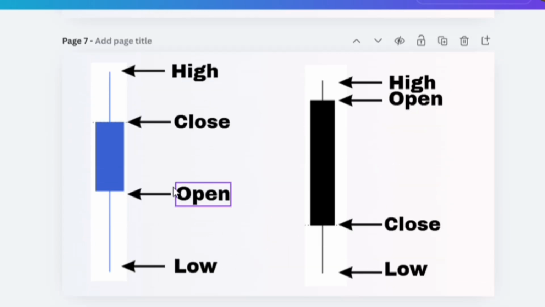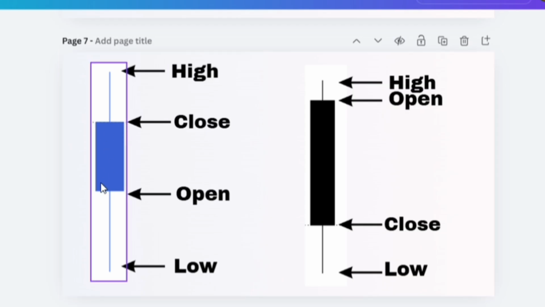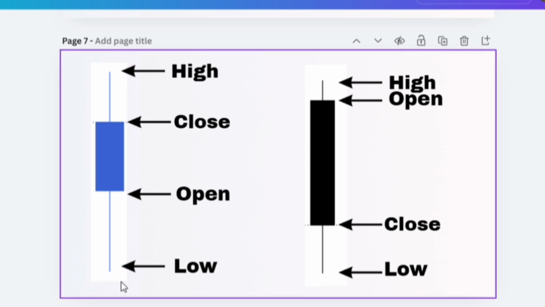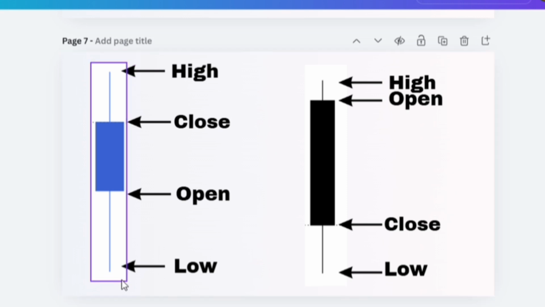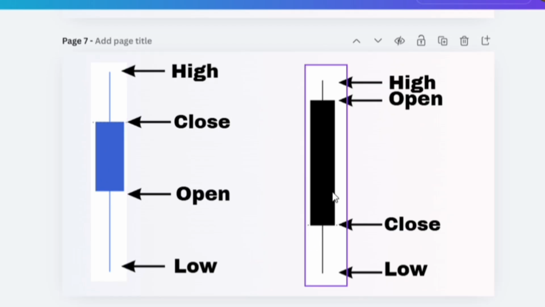For example, this bullish candlestick you can see over here. This is the open here. It opens below and it closes above. This is the highest high it can get to, and this is the lowest low it did, showing that this is a bullish candlestick. This on the other side is a bearish candlestick.